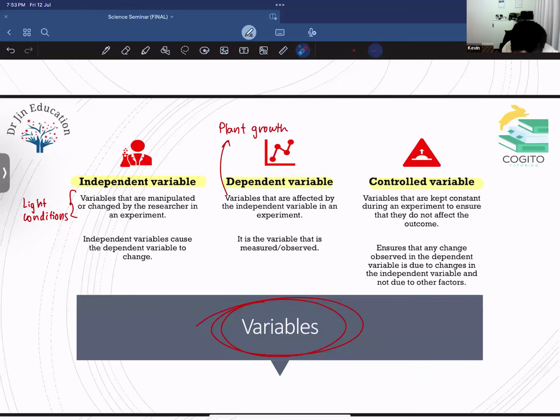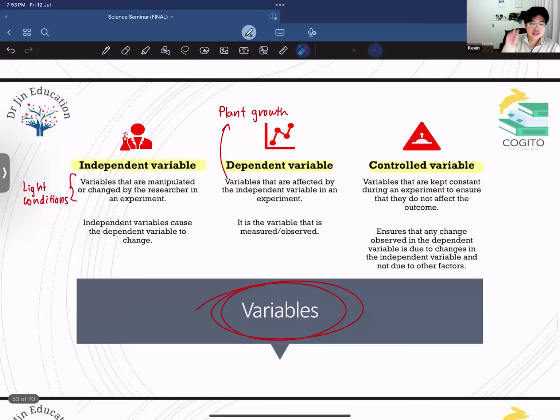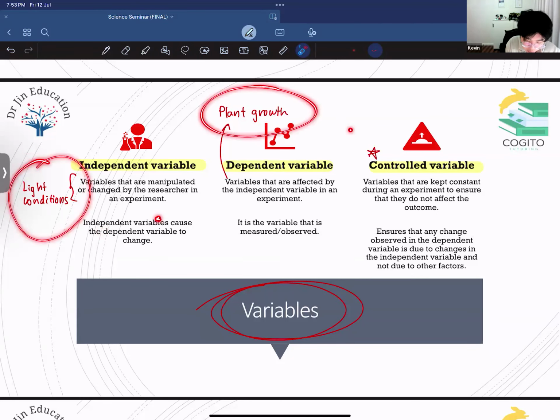Now, controlled variables. This is what we haven't talked about. Controlled variables are variables that are kept constant during an experiment to ensure that they do not affect the outcome. For example, in the last experiment I only changed light conditions, hoping that whatever happens to plant growth is due to the light conditions.